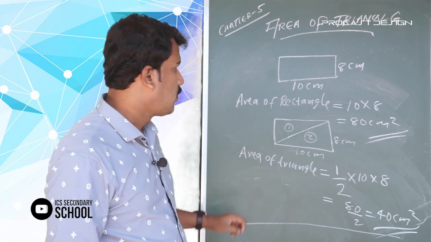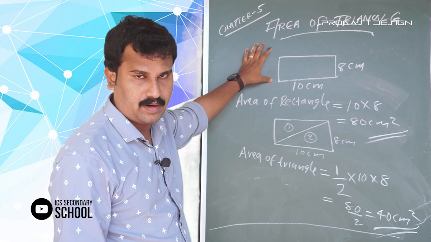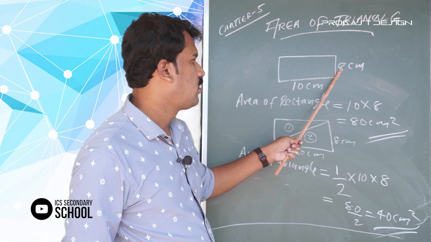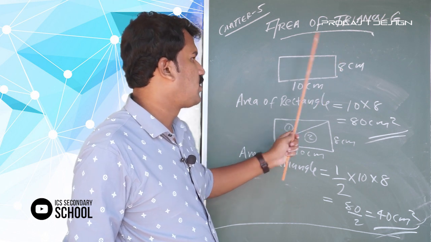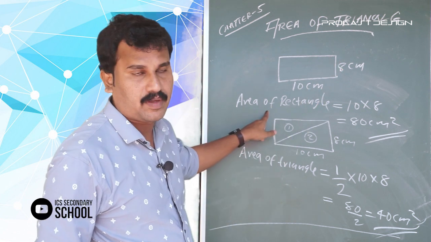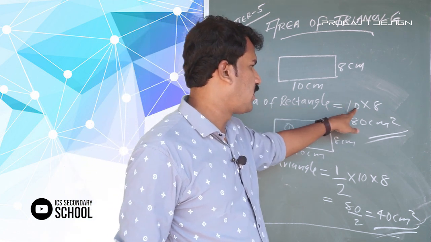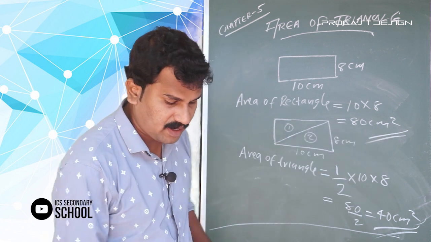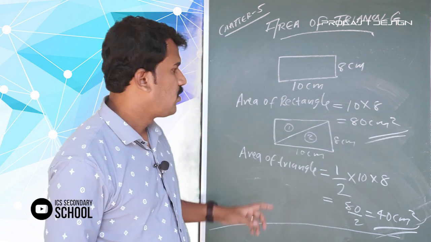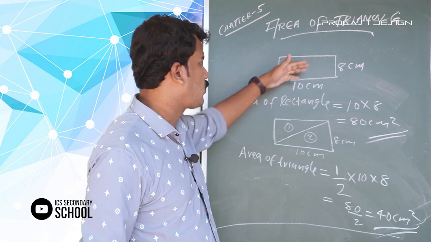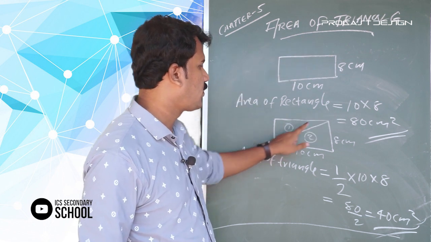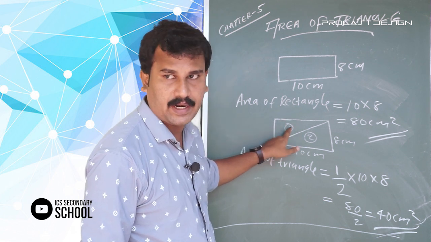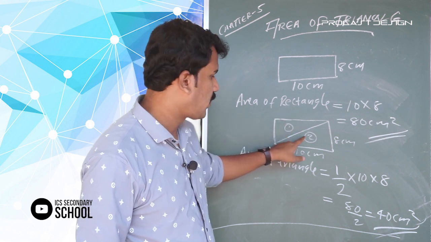So firstly we consider a rectangle with length 10 centimeter and width 8 centimeter. Area of rectangle is length into width, that is 10 into 8, equal to 18 centimeter square. Then we draw a line from corner to corner, and this rectangle splits into two triangles, triangle 1 and triangle 2.